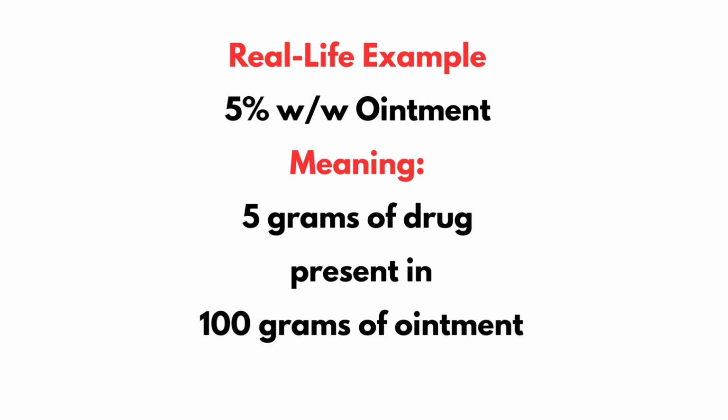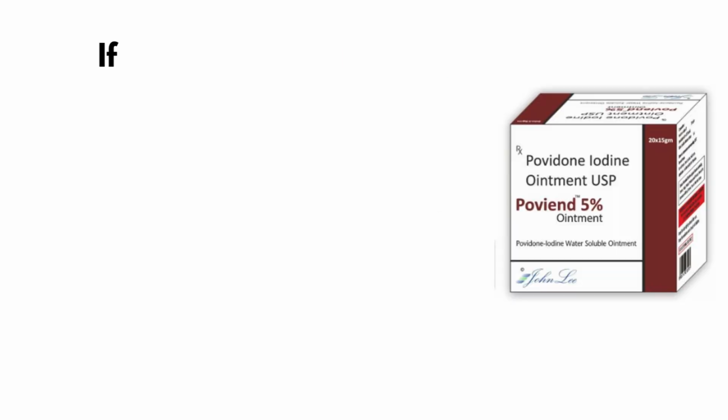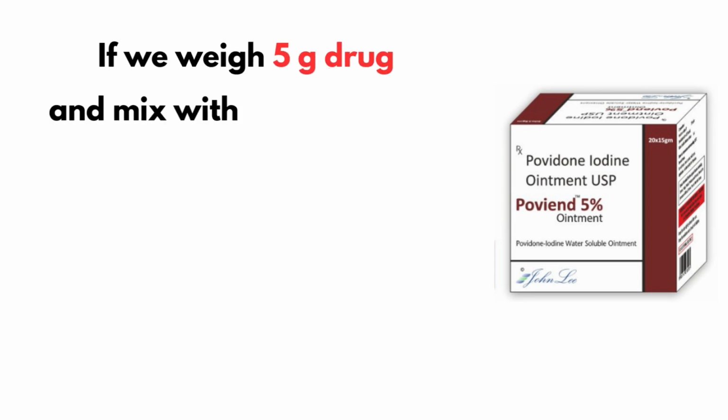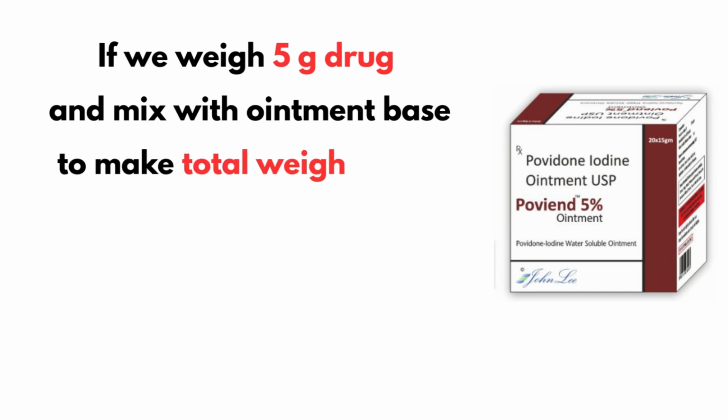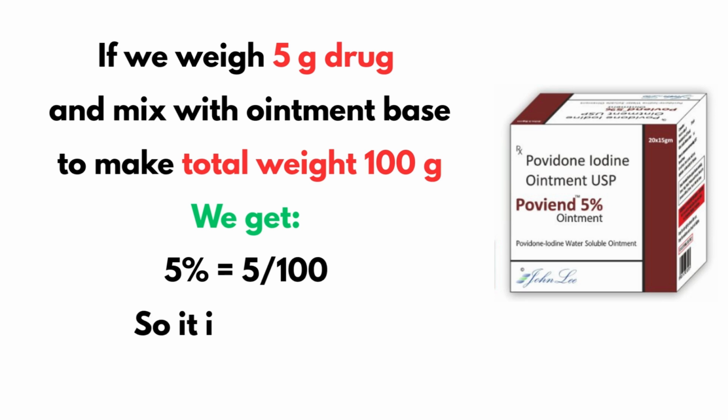It means 5 gram of API, any drug, it may be paracetamol, diclofenac. So 5 gram of diclofenac is present in 100 gram of ointment. So that is 5% weight by weight ointment. Now you know the difference between all the 3 types. So let's see the calculation of type 3.